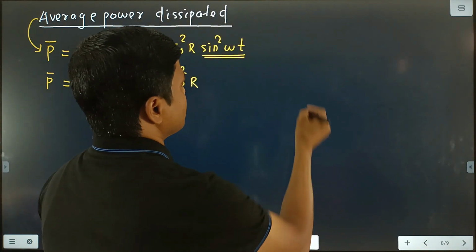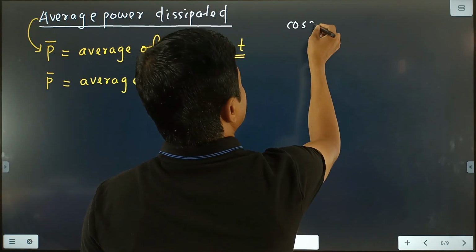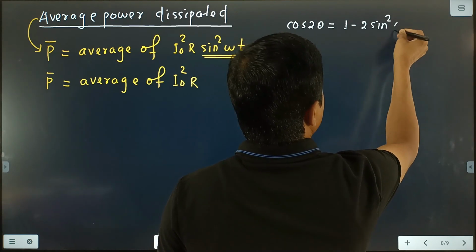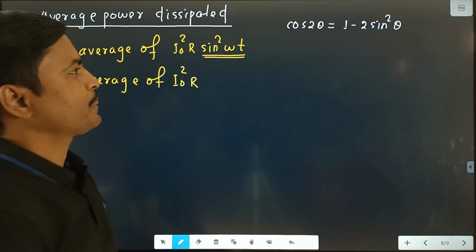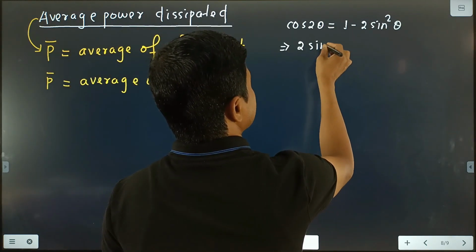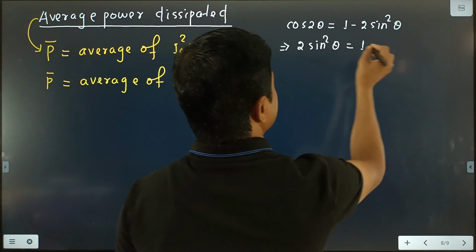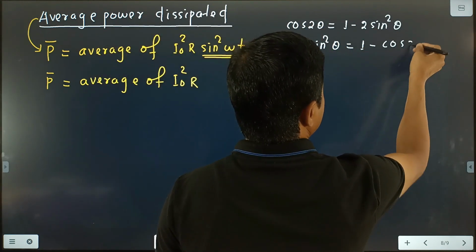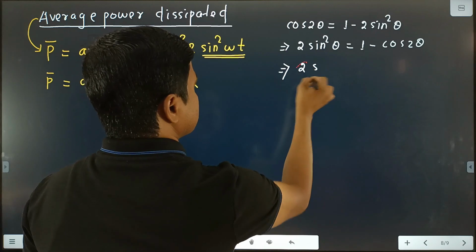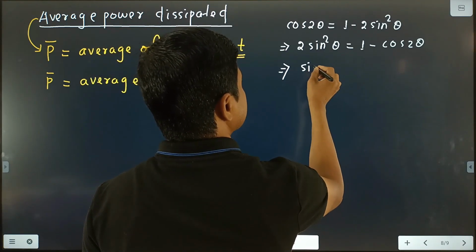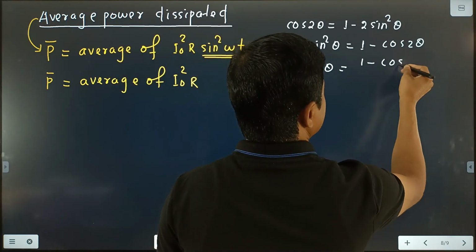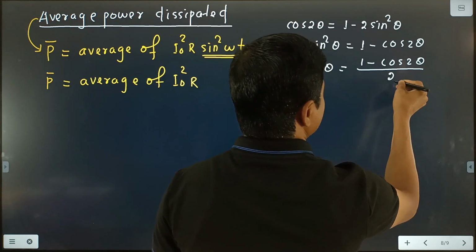You know this formula, cos of twice theta is equal to 1 minus twice of sin square theta. From this formula we take 2 sin square theta to the left hand side: 2 sin square theta is equal to 1 minus cos 2 theta. That implies sin square theta is equal to, we take 2 to the right hand side, 1 minus cos 2 theta divided by 2.